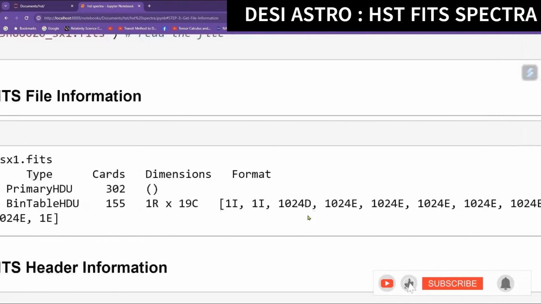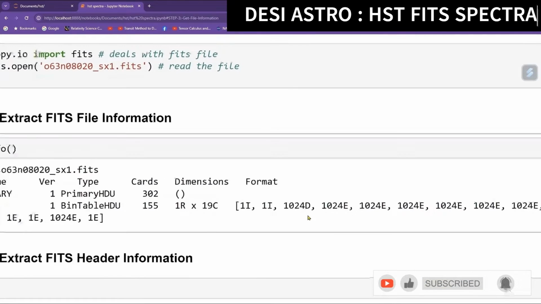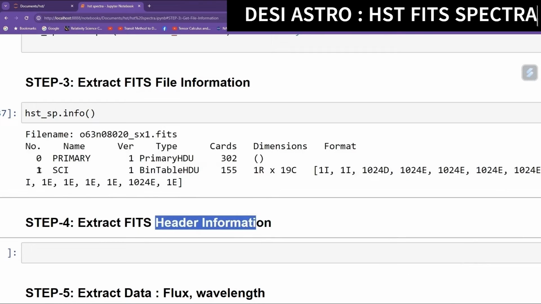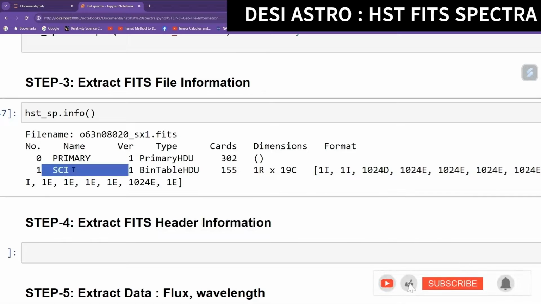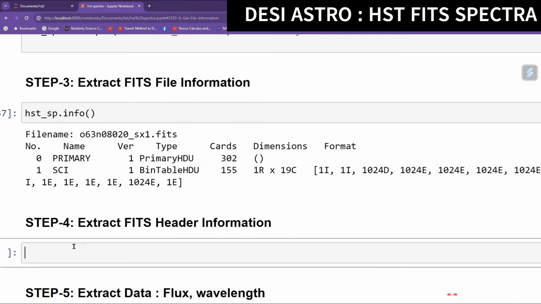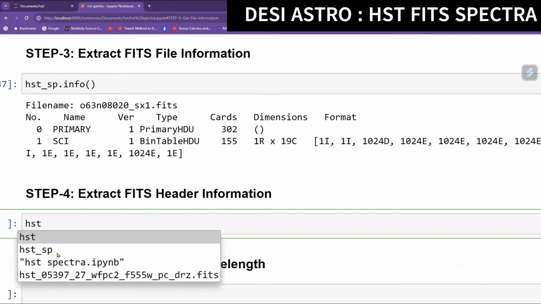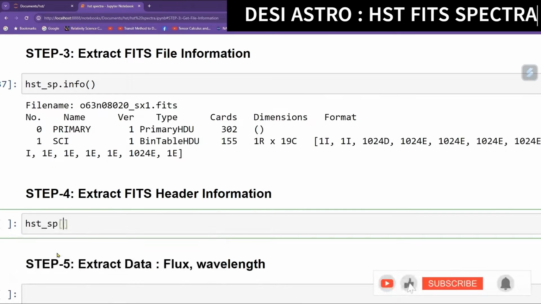Okay, so now I will extract FITS header information from this science HDU, right? So to extract the FITS information, type here HST spectra 1 dot header, right, and run it.